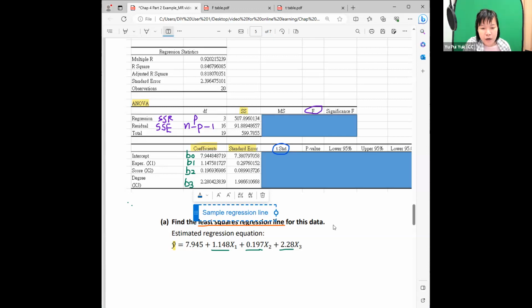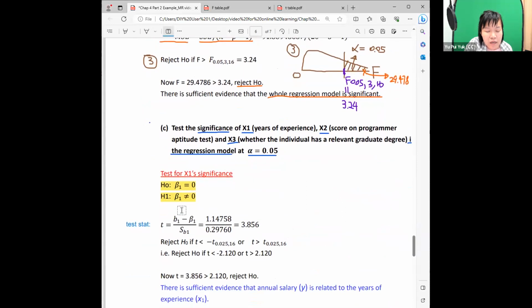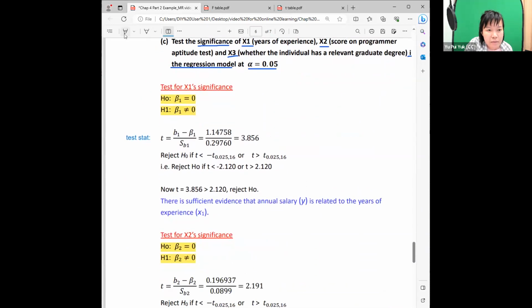Based on the computer program, the data gives the sample regression line. So here is the test statistic. The B1 and the SB1 we can obtain from the Excel output, and then minus the beta 1.